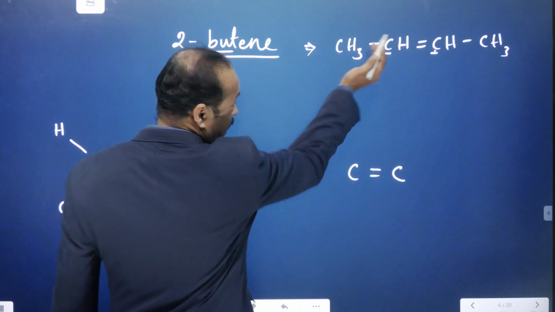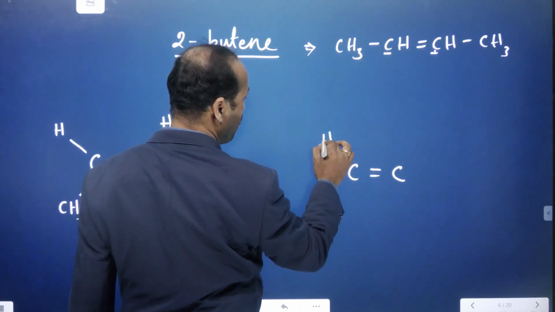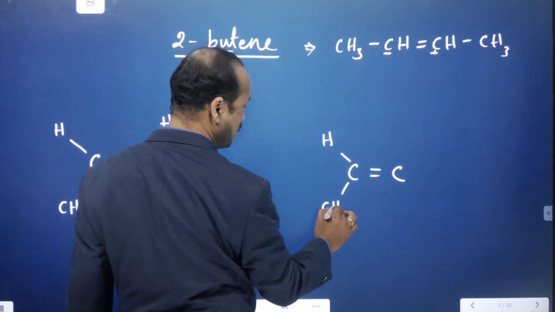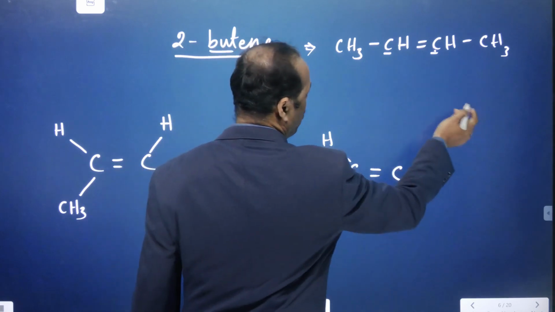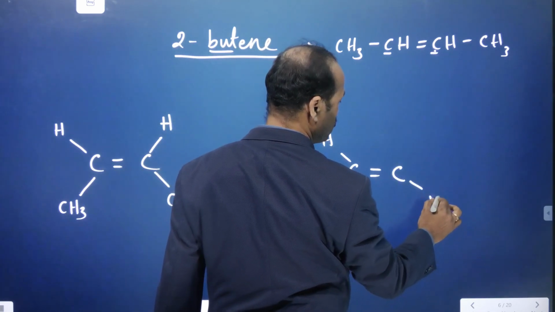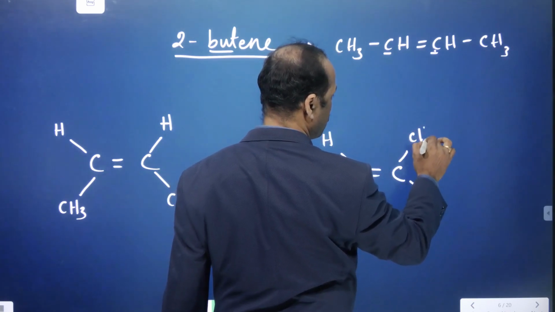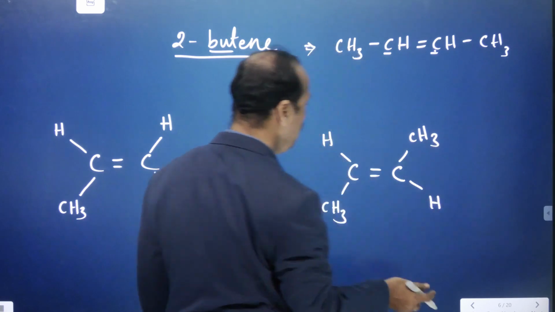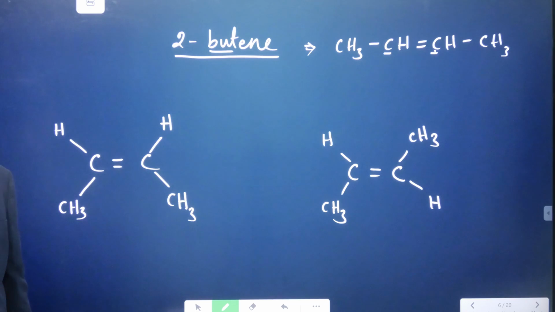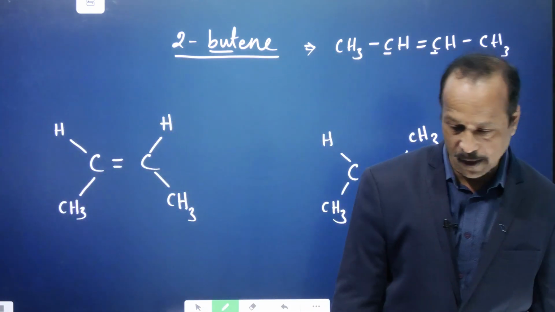For this carbon, one hydrogen and one CH3 are there. Going to the other side, for this carbon, one hydrogen is attached and one CH3 is attached. So the name of this one is also 2-butene. Both are 2-butene, students.